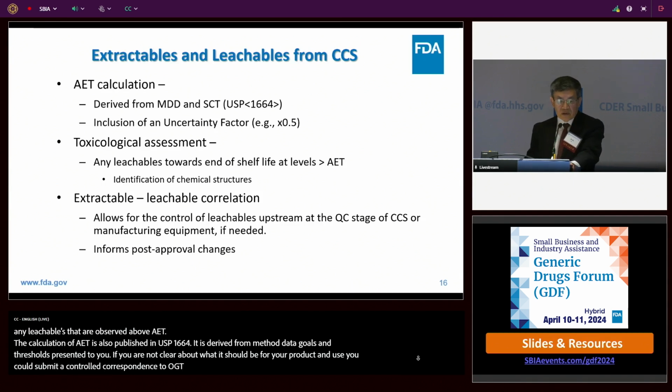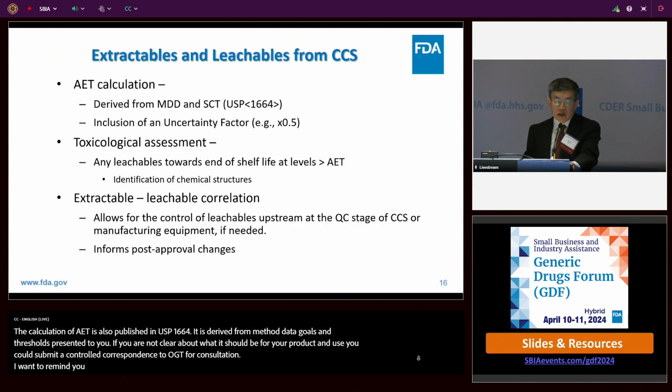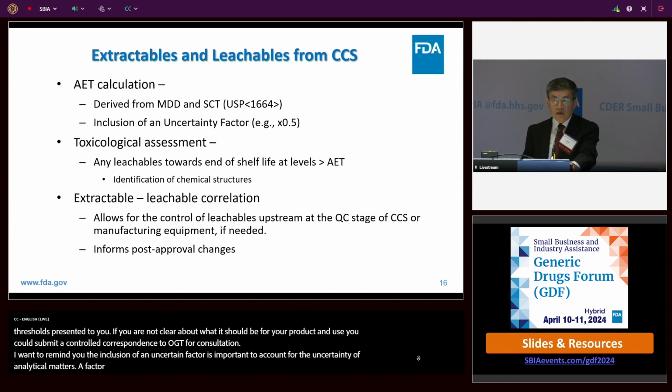And I want to remind you that the inclusion of an uncertainty factor is important. To account for the uncertainty of the analytical method, a factor of 0.5, multiplying by 0.5 or dividing by 2, is quite common. And this factor is actually dependent on the method. It could be different. Okay.